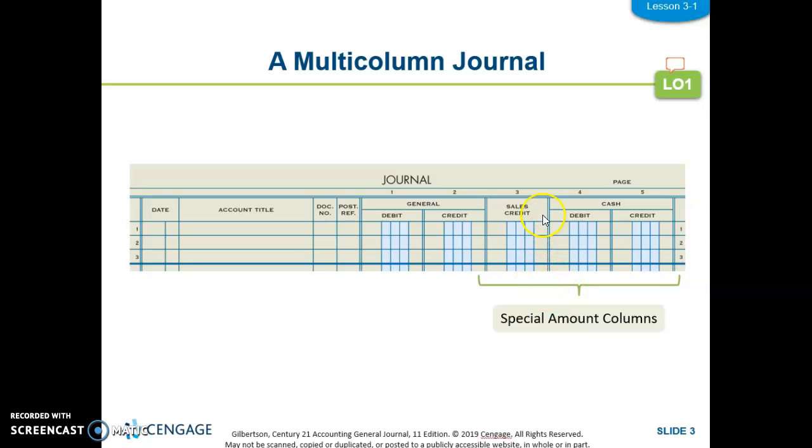The special amount columns we have are for sales credit, and then a cash debit and a cash credit column, since transactions that use these accounts happen frequently. We also have general debit and credit amount columns, which are basically just for transactions that do not happen as frequently.